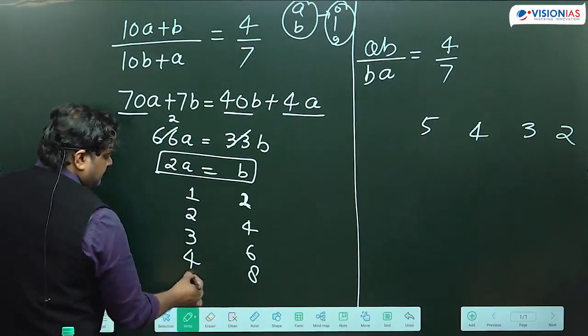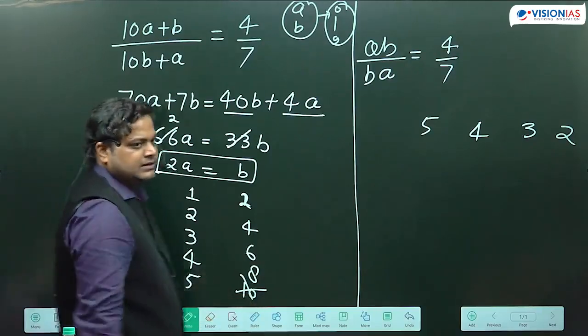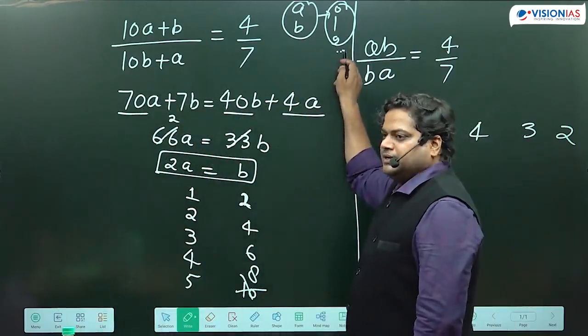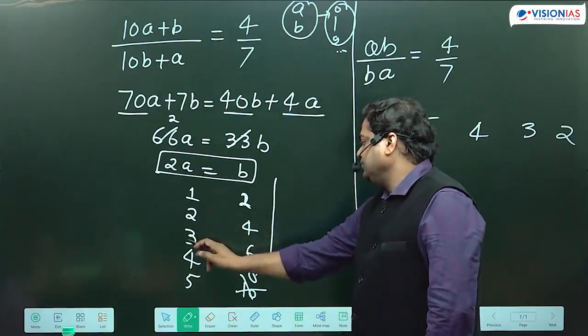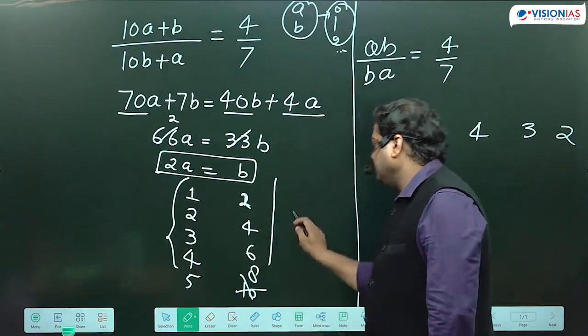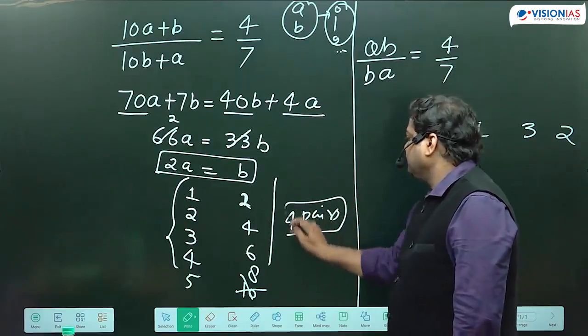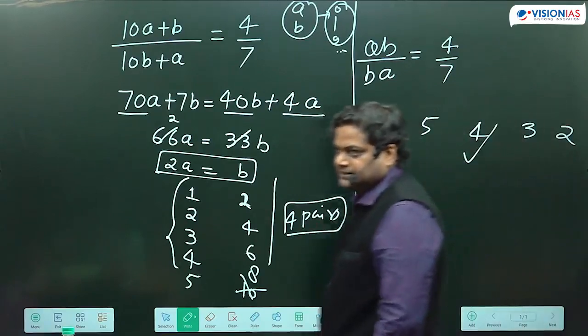If I put 5, it will be 10, and 10 cannot be a possibility. Why? Because b can take values up to 9 only. So how many pairs we can have? 1, 2, 3, 4. 4 pairs. ये हो जाएगा हमारा आंसर.